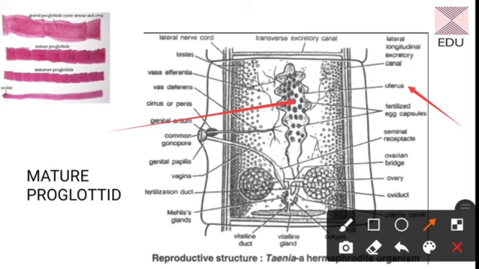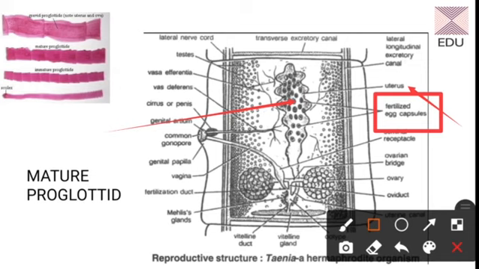You can very well see that the expanded upper part has the fertilized egg capsules. We have written fertilized egg capsules. These capsules gather and are stored in this broader part. Now, what is the physiology?